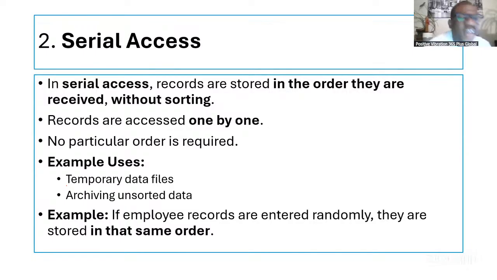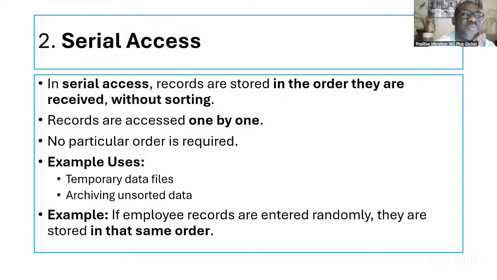Cool. Let's go on to serial access. Now, with serial access, the records are stored in the order they are received without sorting. Let me tell you an example of that.